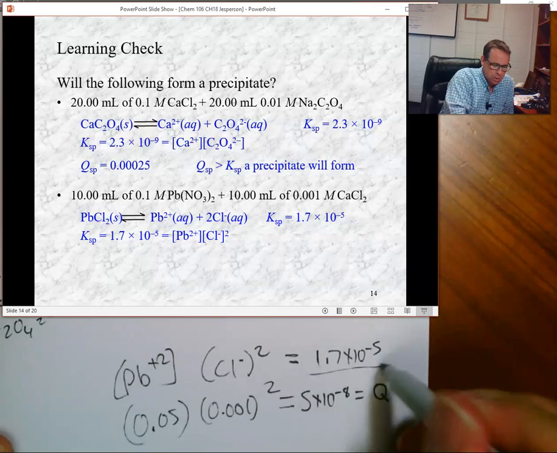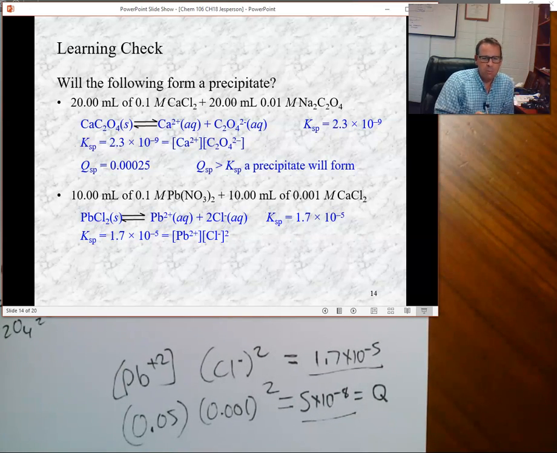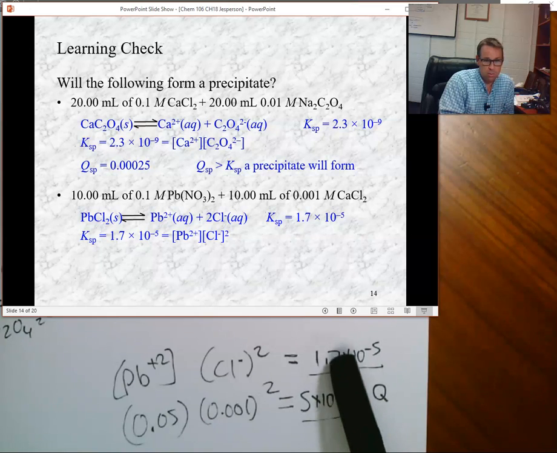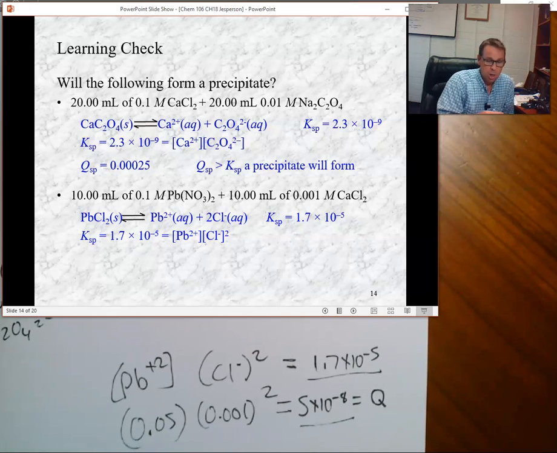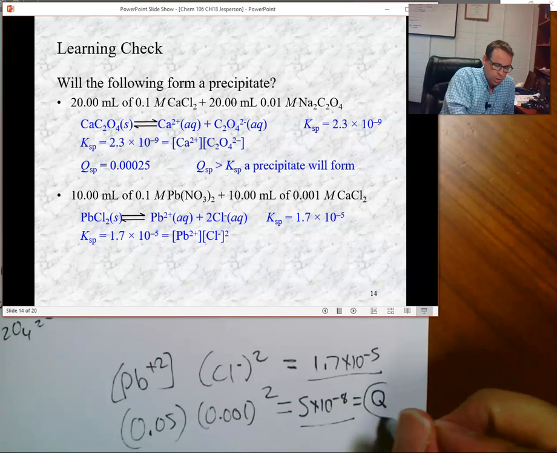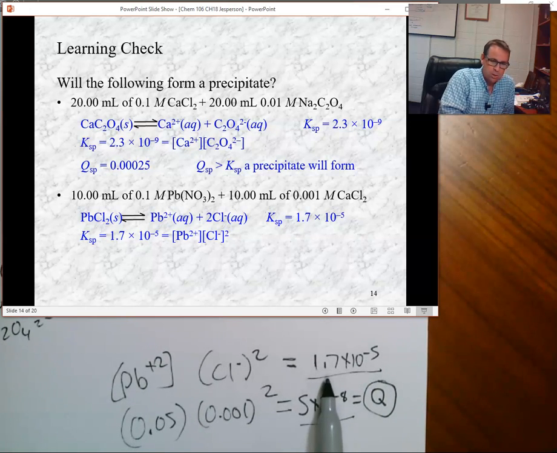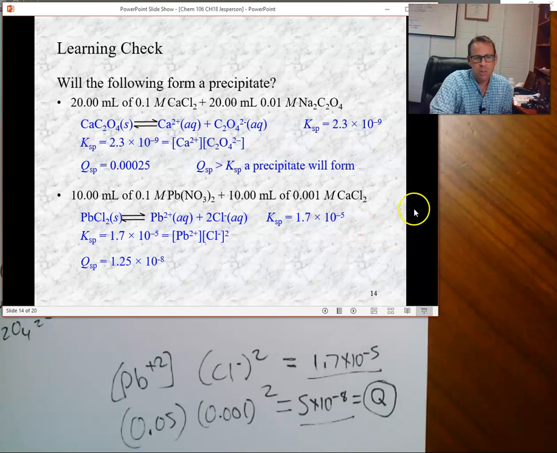Which value is larger, 1.7 times 10 to the minus 5 or 5 times 10 to the minus 8? Oh, it's smaller. So our quotient has not quite reached the concentrations necessary to push this back towards a precipitate. Therefore, we will not form a precipitate.